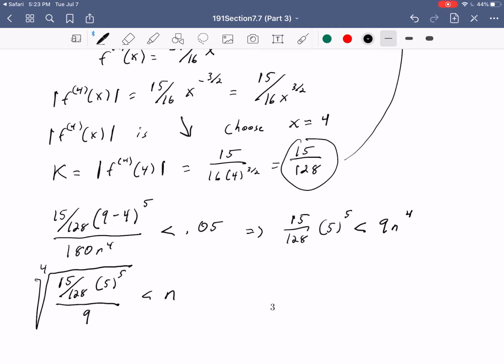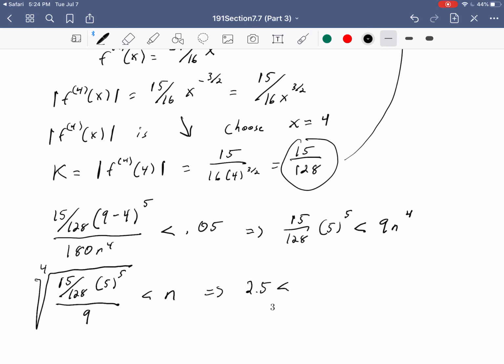So we'd have 15 over 128 times 5 to the 5th, and then divided by 9, and then all of that raised to the 1/4 exponent. So if we do all of that, this implies that we have about 2.5 is less than n.